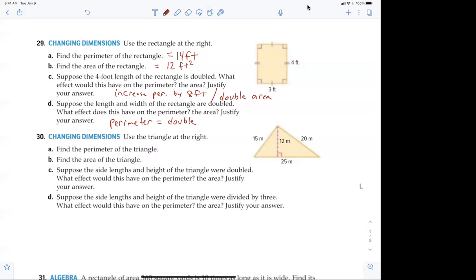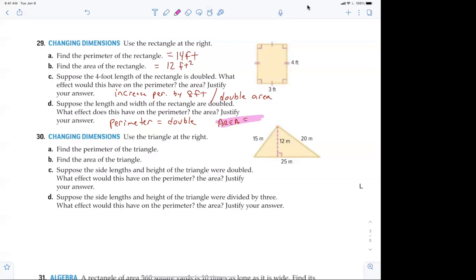However, what's that going to do to the area? Quadruple, that is correct. Multiply the area by 4. And that will all get explained in a later chapter.